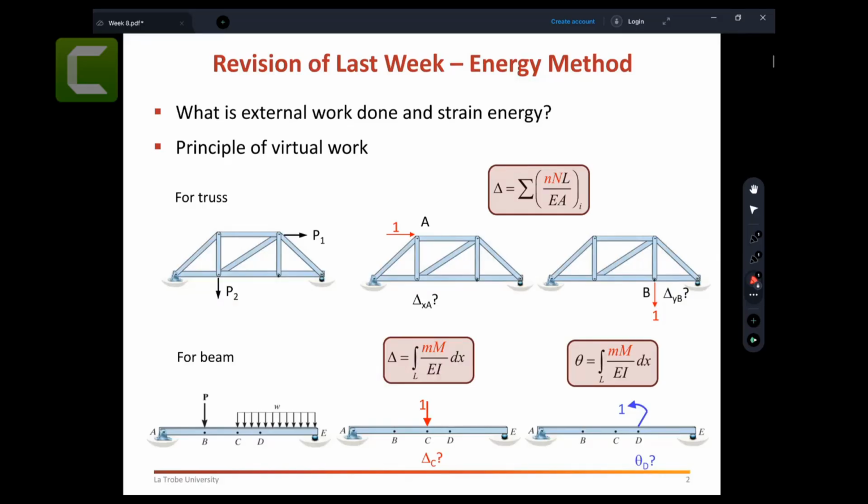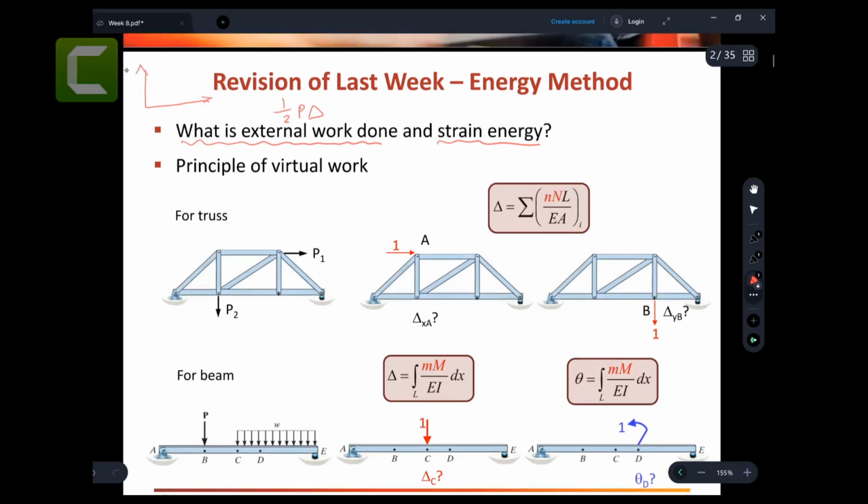In energy methods, we took two concepts: external work done and strain energy. If you remember, external work done is 1/2 P delta. If you have a bar, apply a load, and increase the deflections, the area under this curve, which is a triangle, is 1/2 P delta, and strain energy is 1/2 stress times strain.